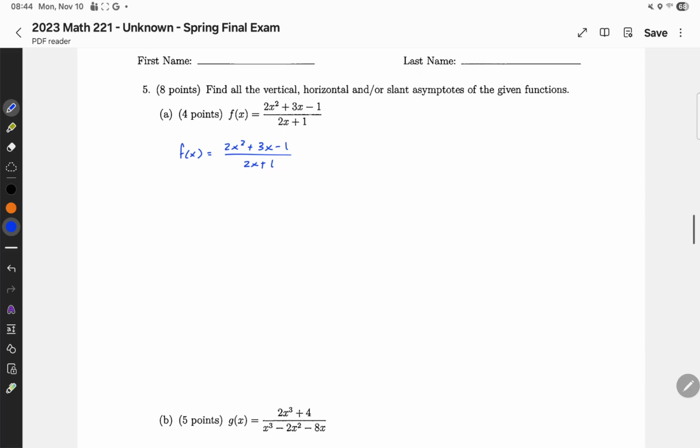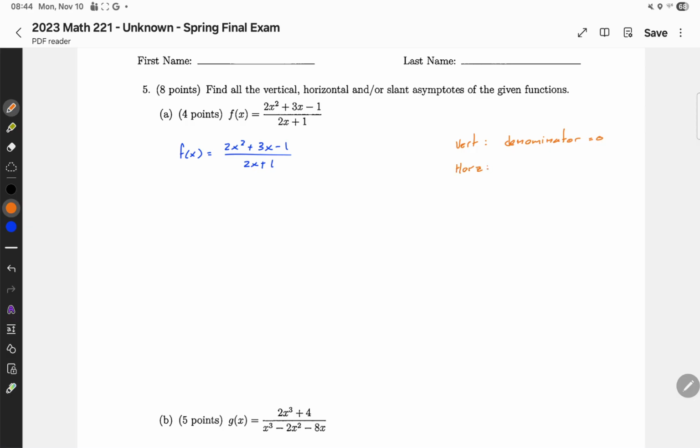All right, so just to quickly remind you, vertical asymptotes are going to be the easiest ones to spot. Vertical asymptotes happen when the bottom portion, the denominator, is equal to 0, and it doesn't cancel. And so next up, horizontal asymptotes.